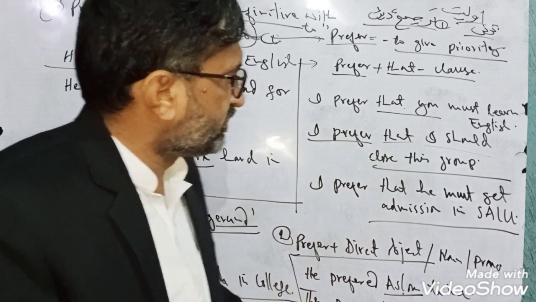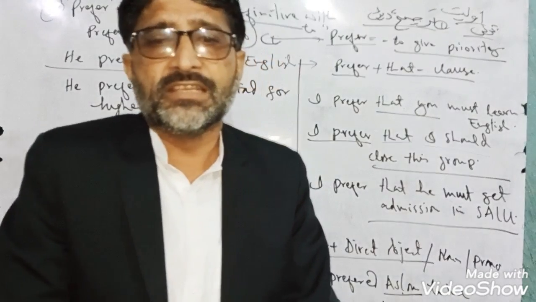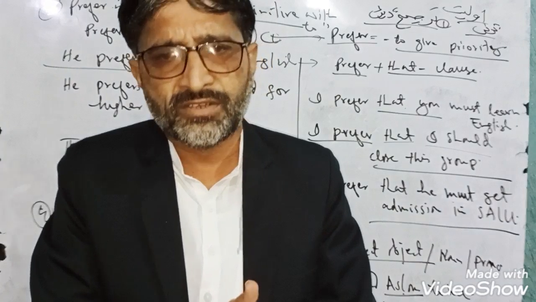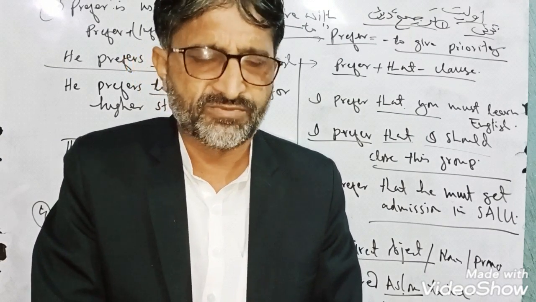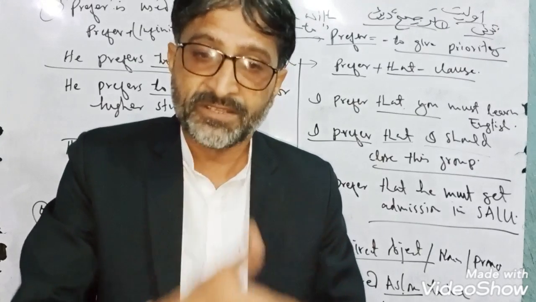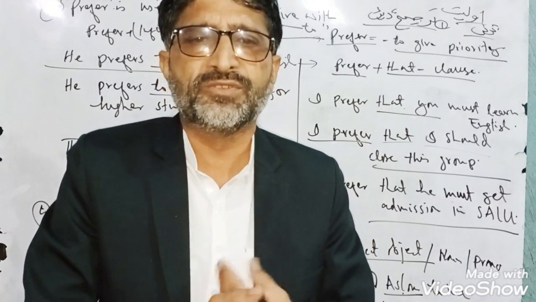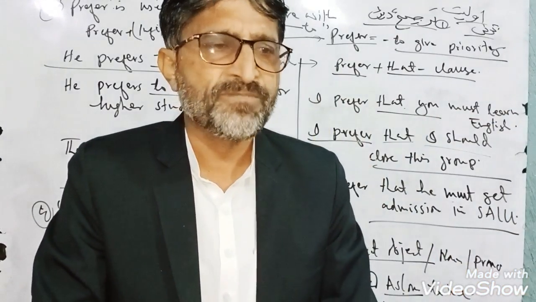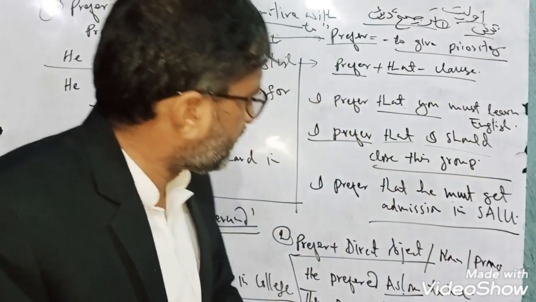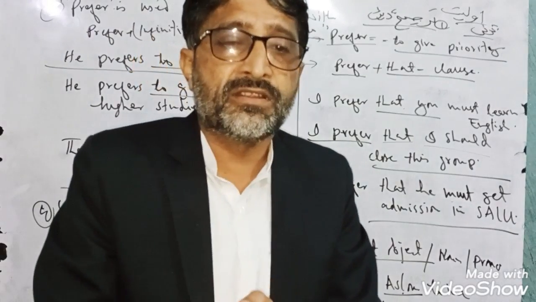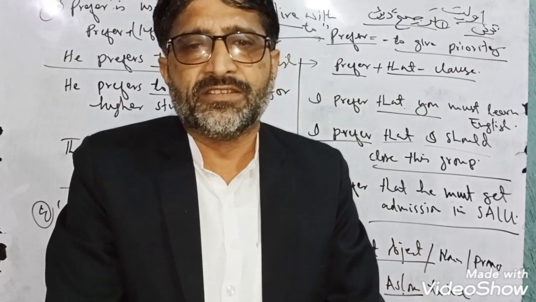So when we are talking about the structural position of the word or verb, we can use that with the verb prefer. That is the proper use of the verb prefer in English structure. After that, we have another direction: we can use the word prefer with a direct object.